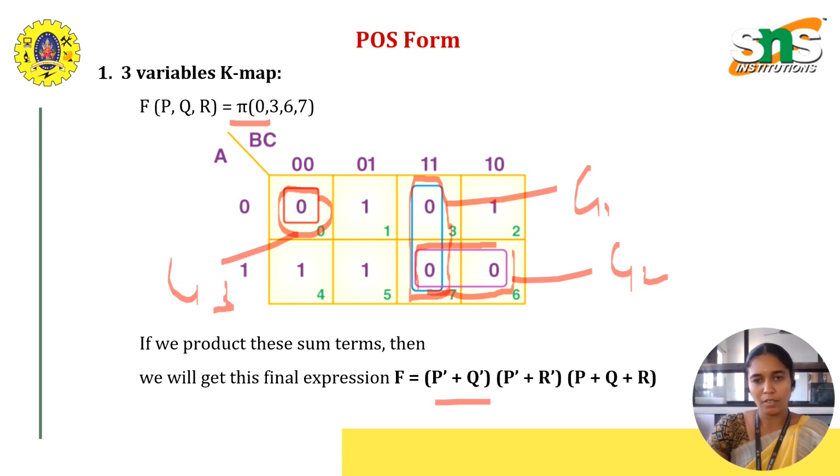For group 2, having 1 and 0 complement, we get P bar plus R bar. And here we have only one cell, all variables are 0, so we use P plus Q plus R. This is the third group. So this is the POS form for the 3 variable K-map.